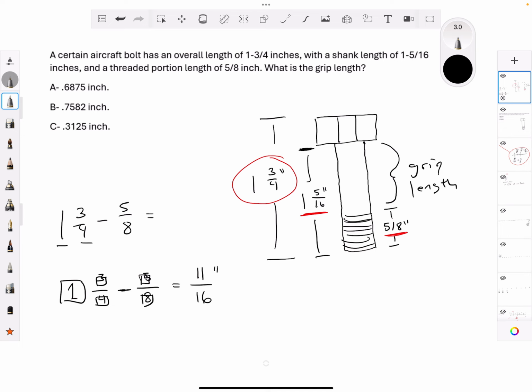That's not what the answer choices are. It has it as a decimal. This is ruler fraction, which we talked about just a minute ago. So how do I convert it from ruler fraction to decimal? I just hit the fraction and decimal button that's right above the equal sign, and it will convert it over, and it comes out to be 0.6875 inches. Therefore, the answer is A.